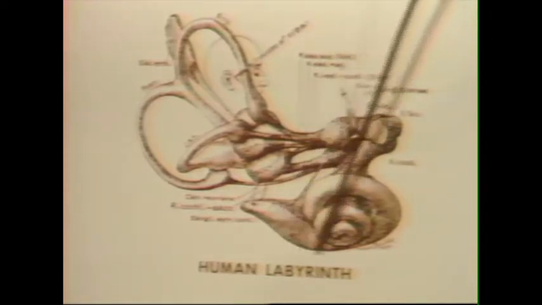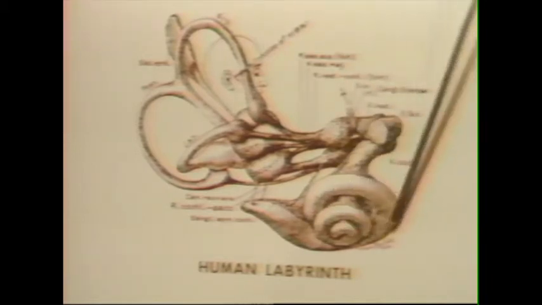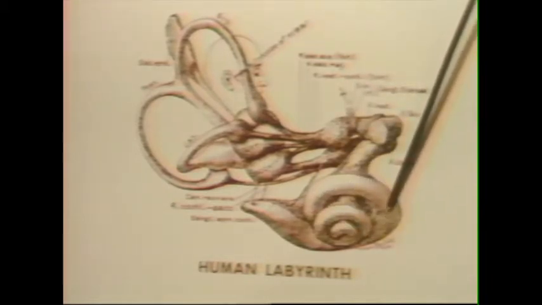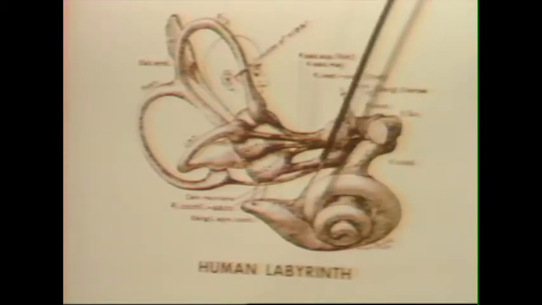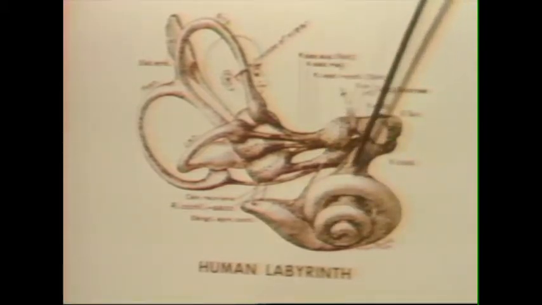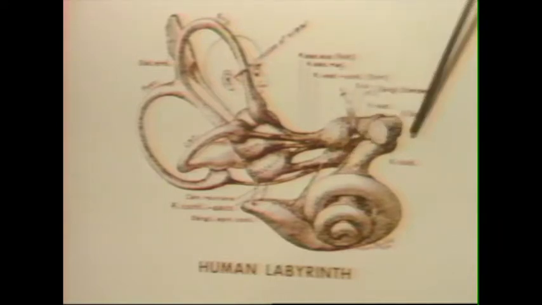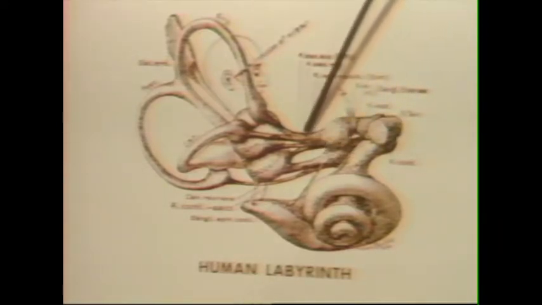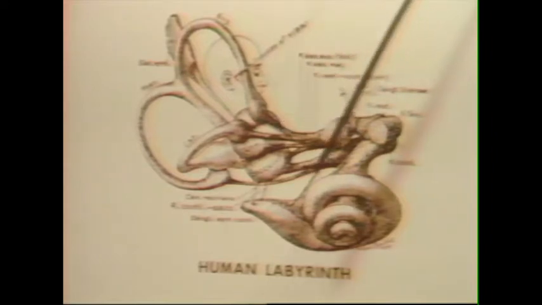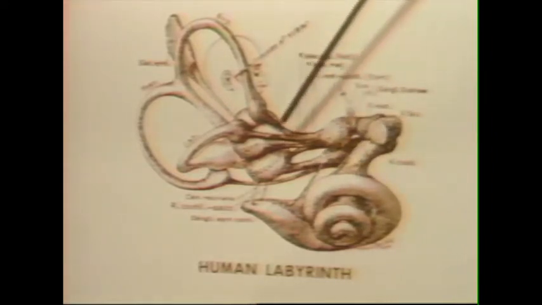Hearing, which is centered here in the cochlea, and it's beautifully drawn as a little snail, which it is, sending its impulses to the brain via one part of the auditory nerve. Then the second part here is the semicircular canals with the utricle and the saccule.